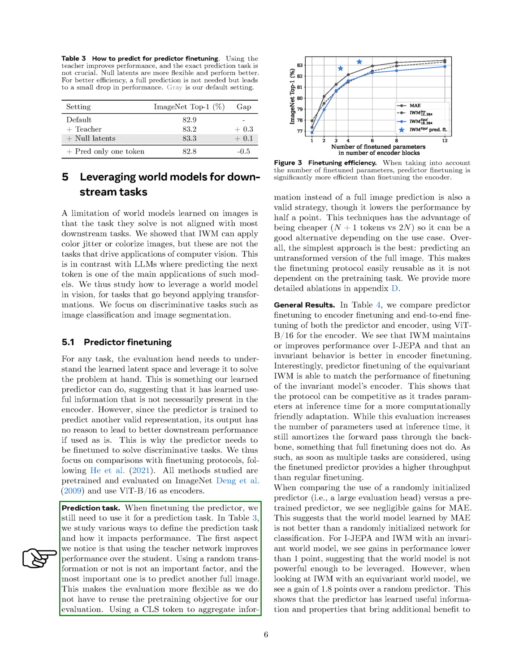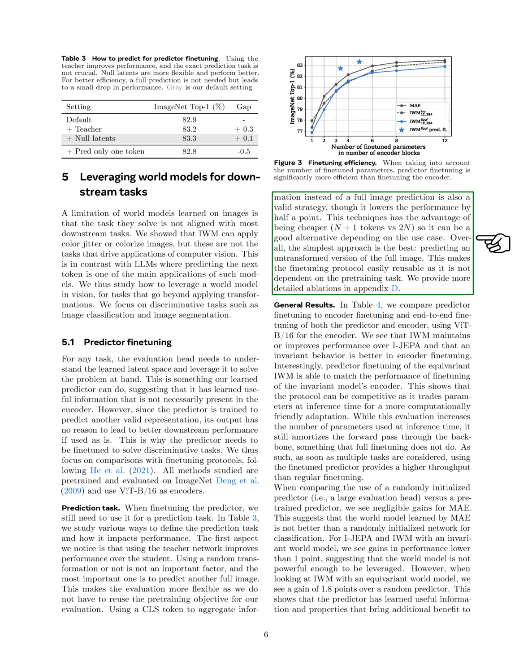Interestingly, whether or not a random transformation is applied seems less critical. The most effective strategy turns out to be predicting another full image, which offers flexibility in evaluation without being tied to the pre-training objective. Although using a CLS token for information aggregation is a cheaper alternative, it slightly reduces performance.